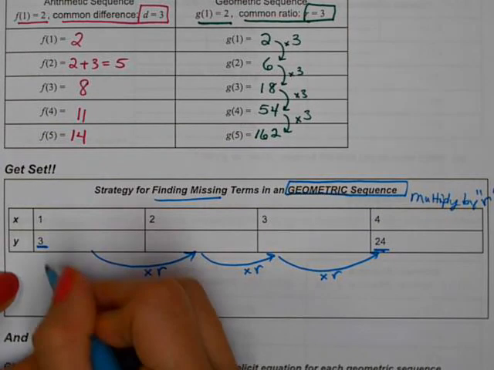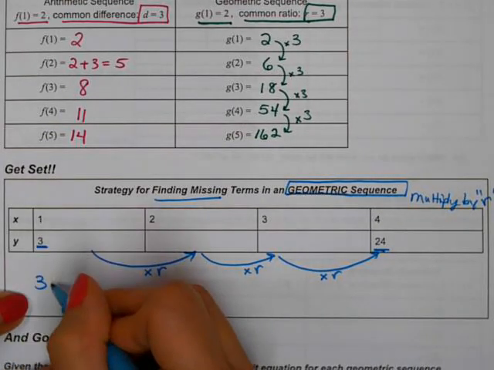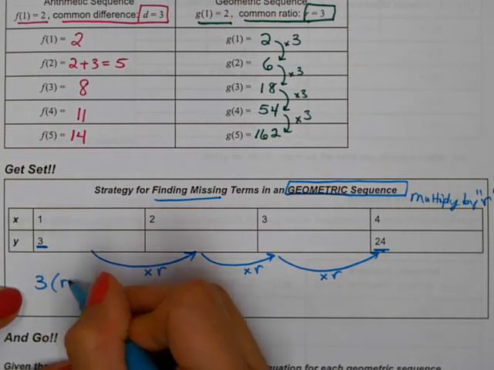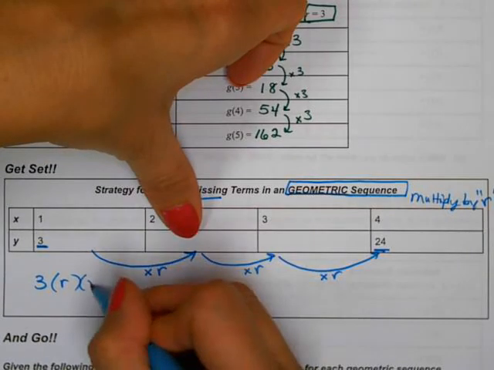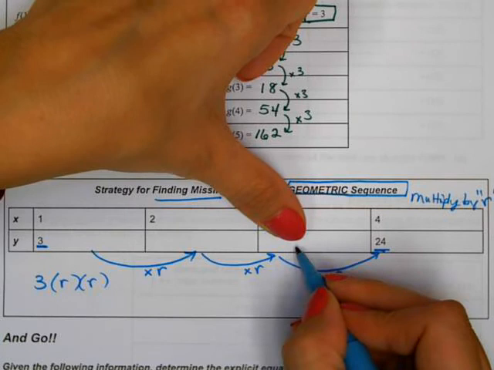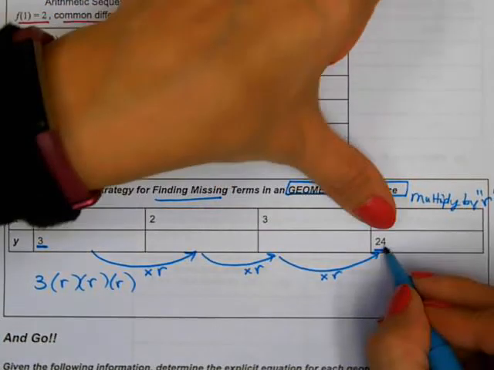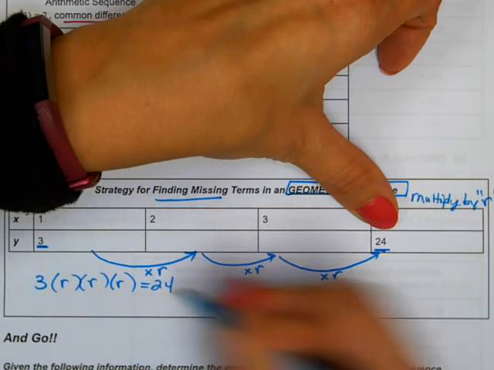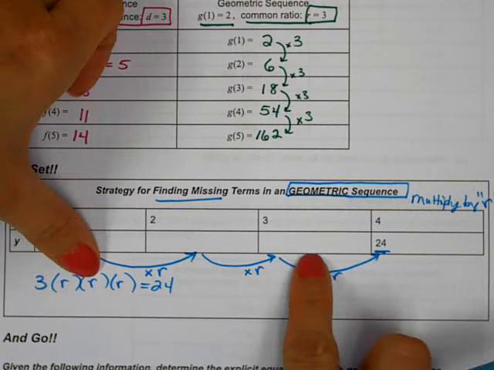So let's go back to this one right here. I know that this term is 3. And that I would have to multiply by r to get to the second one. Then I would multiply by r to get to the third one. And I would multiply by r, and then that would take me to 24. 3 times r times r times r.